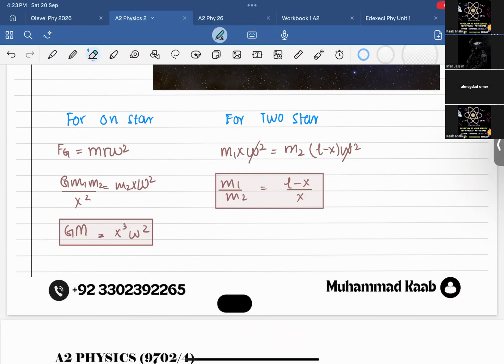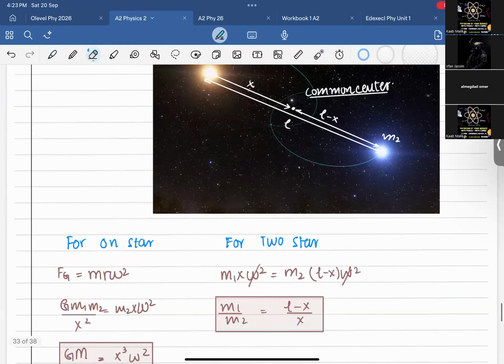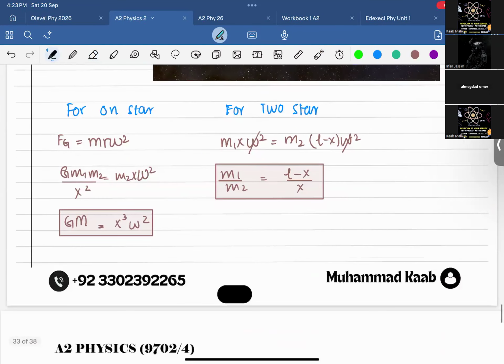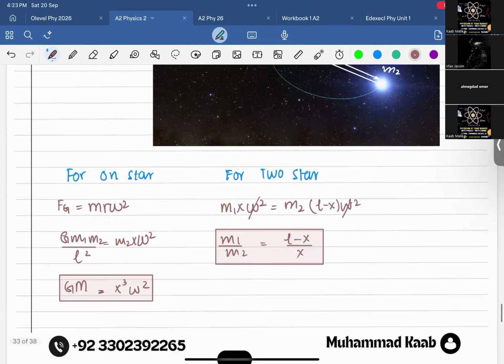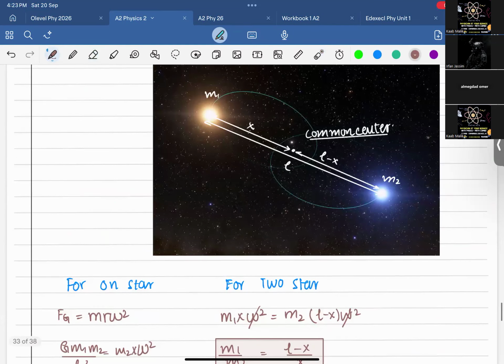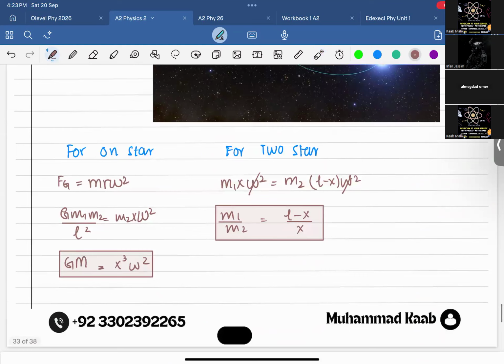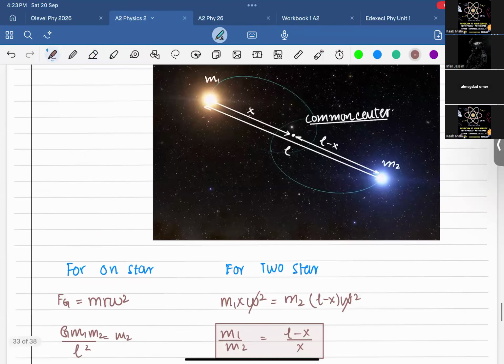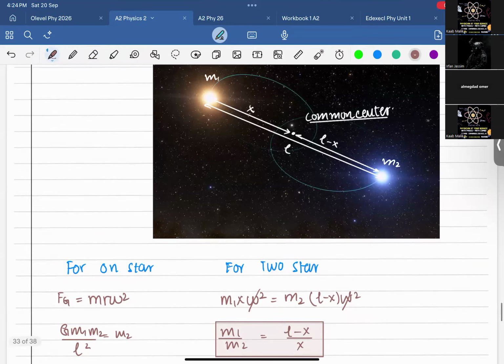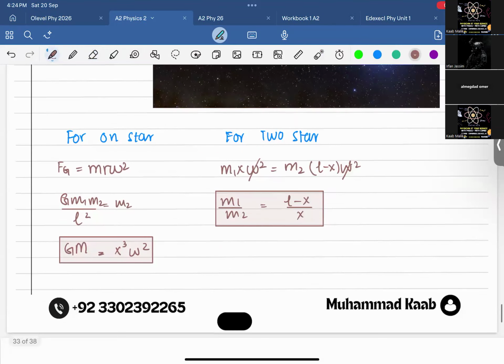So this x square should be L. Look, this should be L. For one star, the center to center distance is going to be L, right? And for the other mass, M2, it's L minus X. Oh, okay.